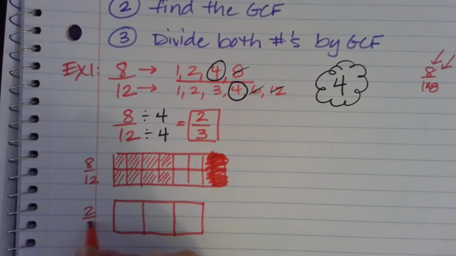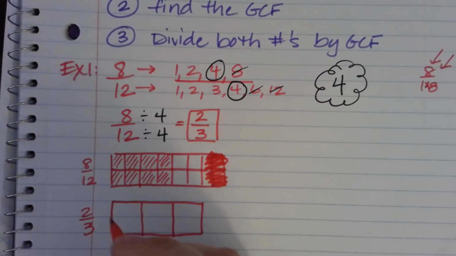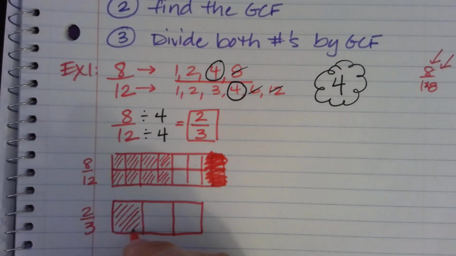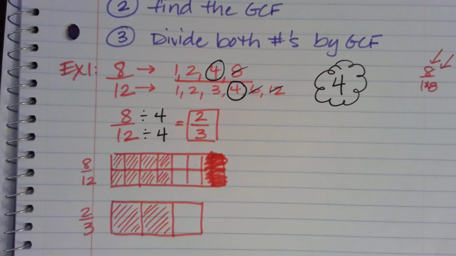I'm going to label this one 2/3. And then let's shade in 2 out of the 3 pieces. 1, 2 out of 3. Everybody okay? Are they the same? Pretty much. I mean, approximately, right? My drawing skills are not the same.